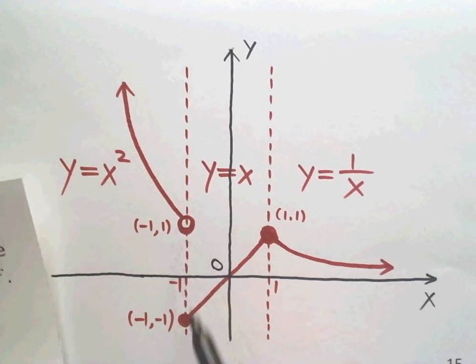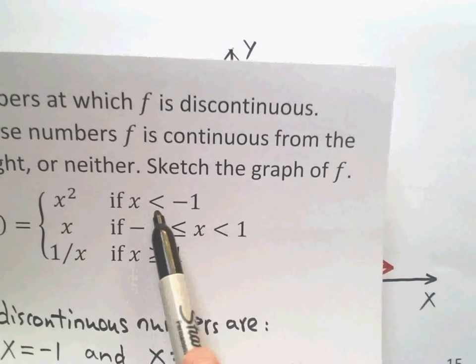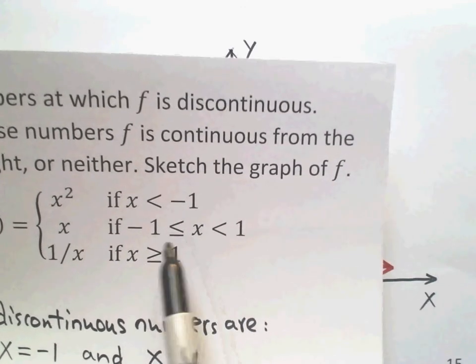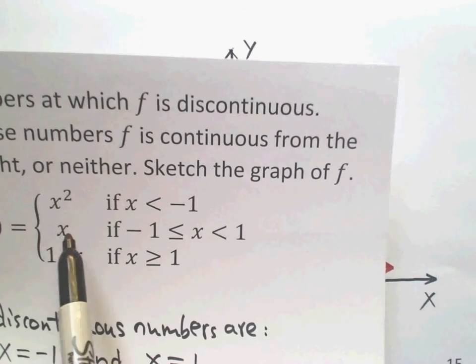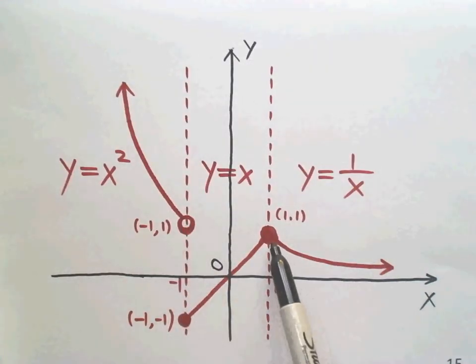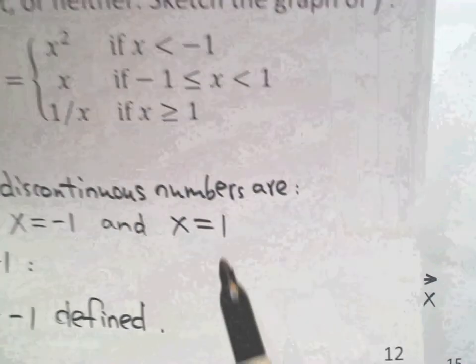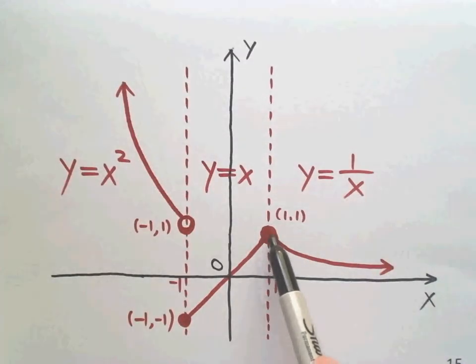All you need to do is pay attention to the boundary points. Why is one empty and one solid? Because x less than -1 is one piece and x equals -1 goes to the second piece, so here is solid, here is empty.